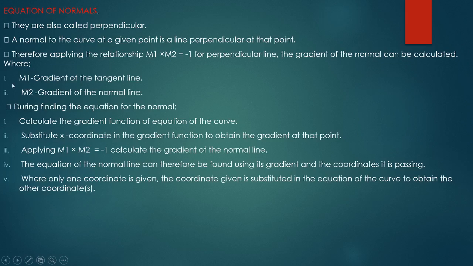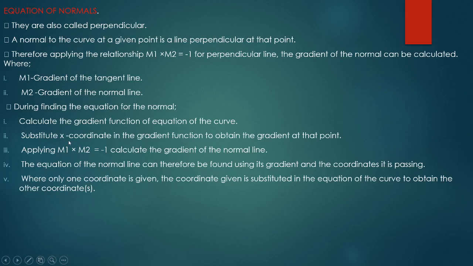Now, m1 is the gradient of the tangent line, and m2 will be the gradient of the normal line. The normal line is that line which is perpendicular to that tangent at that point. So when we are finding the equation of the normal, the first thing we need to do is to calculate the gradient function of the equation of the curve. Then we substitute.